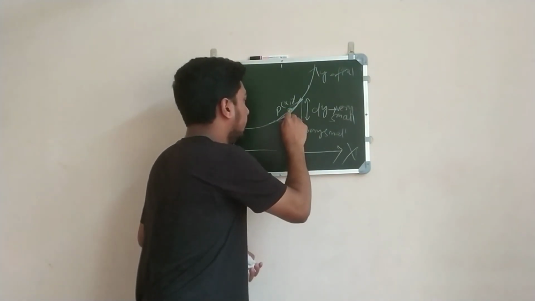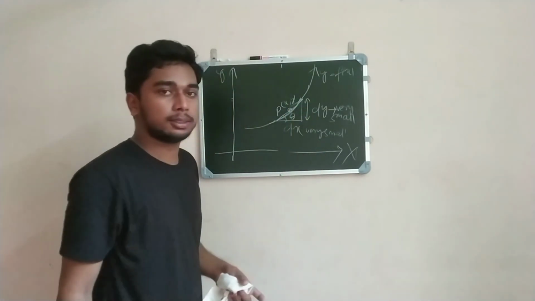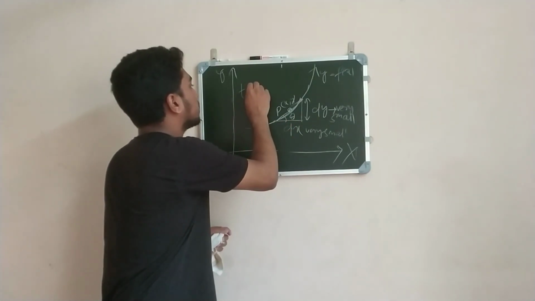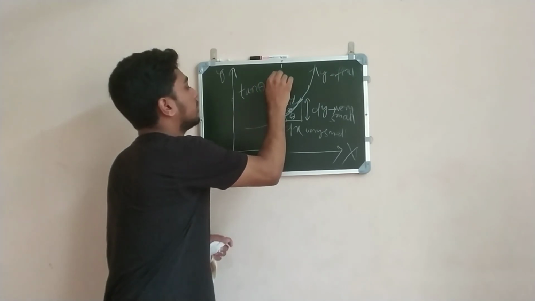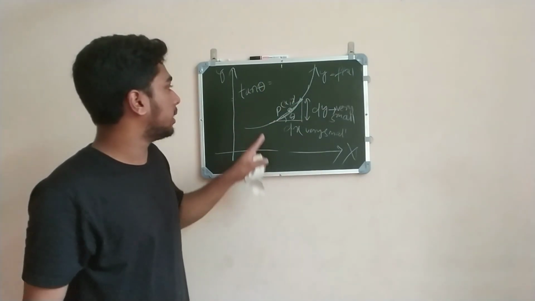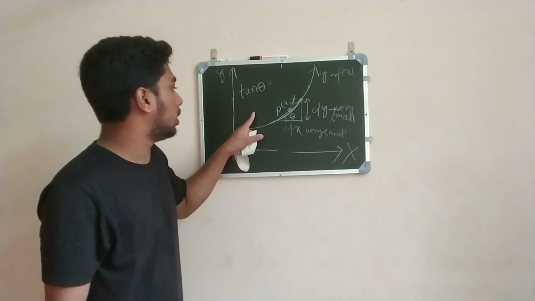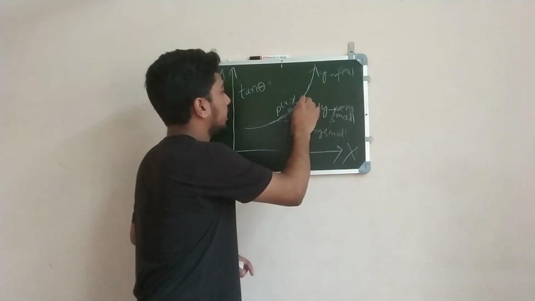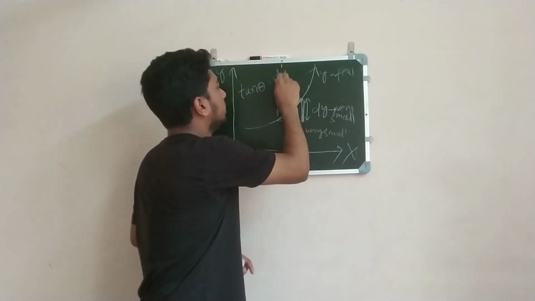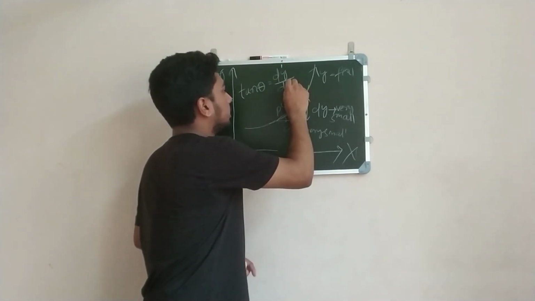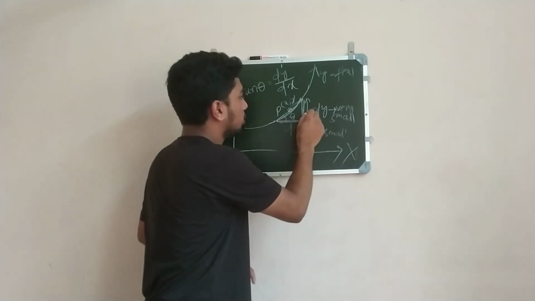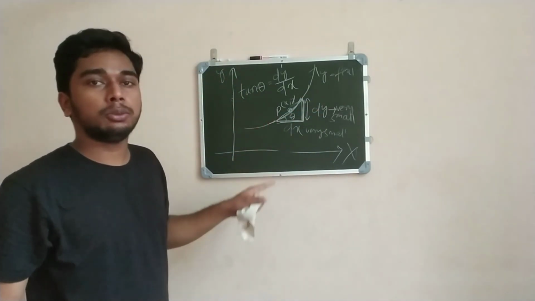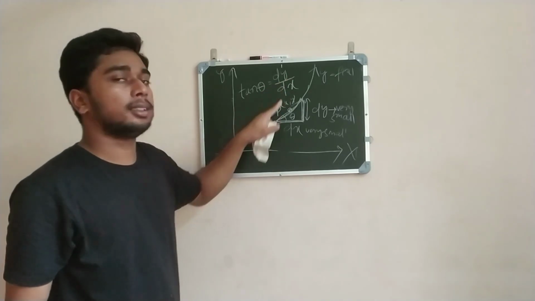Then this angle theta: tan theta is defined as dy by dx, this one divided by this one. So geometrically, what does this say?